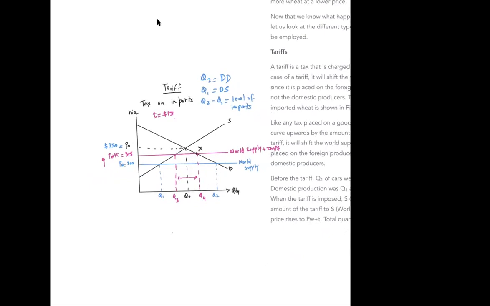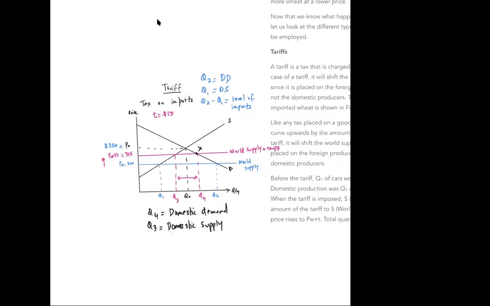X is now the new domestic demand because you made it expensive, which means for Q2 minus Q4, consumers are unable to buy this good. So Q4 will be my domestic demand and Q3 will be my domestic supply.